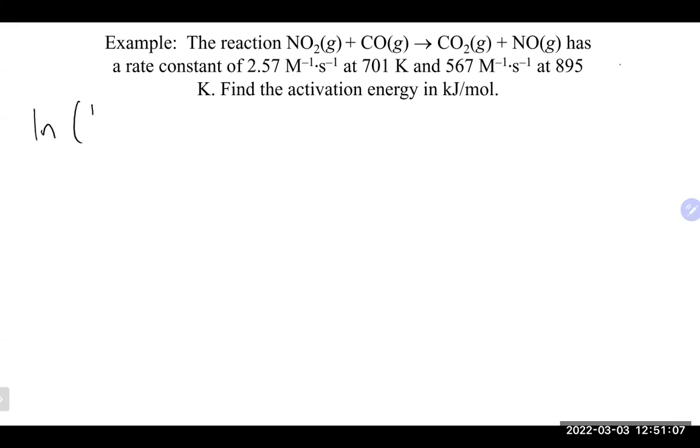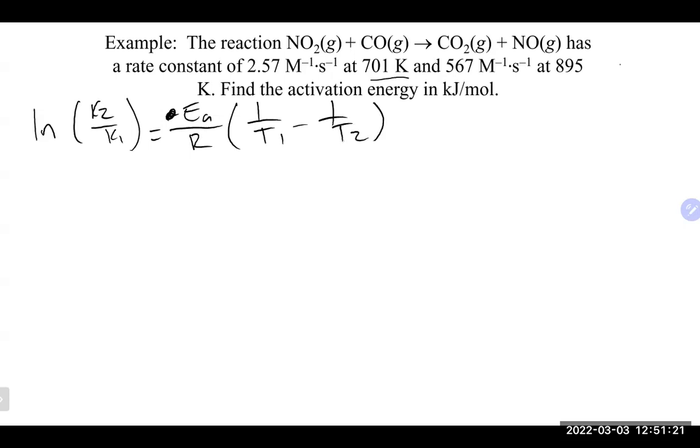That's the natural log of k2 divided by k1 equals Ea, no negative, Ea over R, times 1 over T1 minus 1 over T2. In this case, we're already in Kelvin, so we're good. We don't have to do that conversion. We basically just need to plug in here.